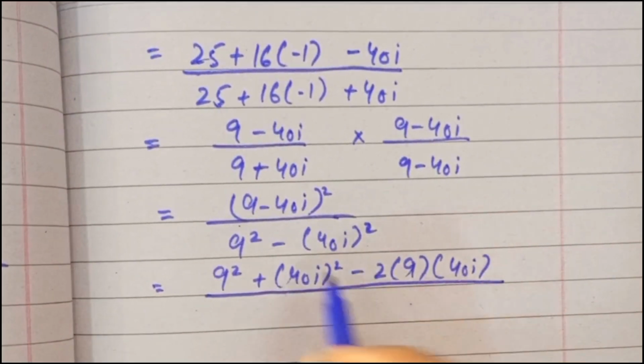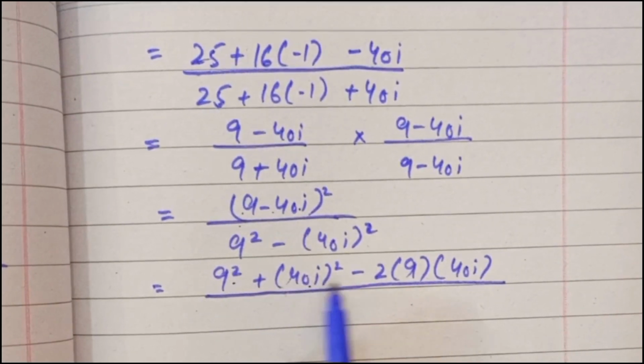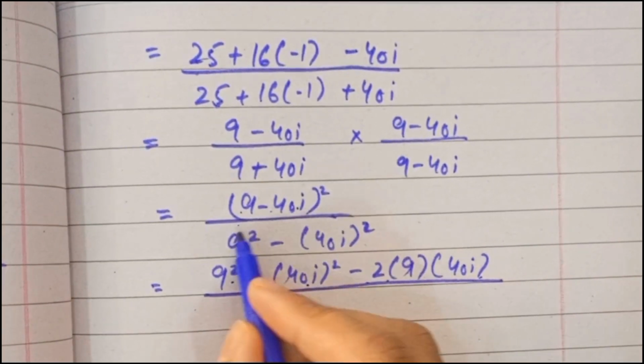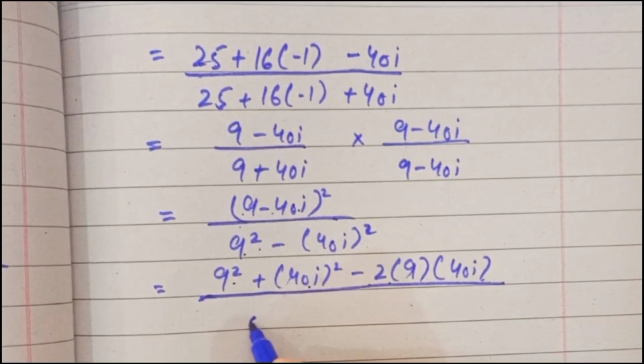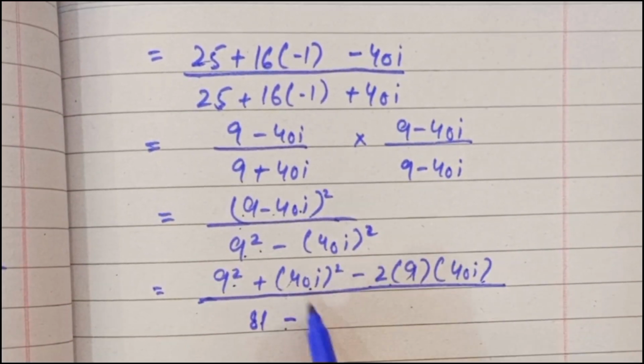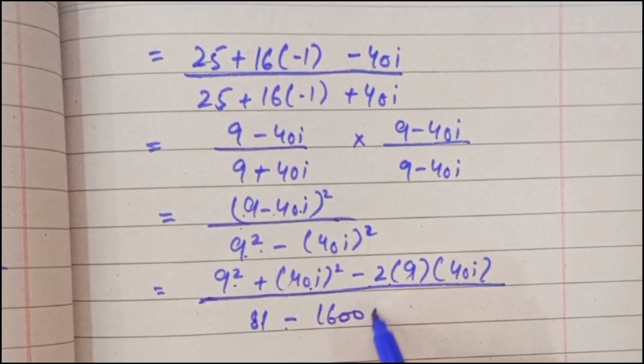In the numerator, we will open up the formula of a minus b whole square: a square plus b square minus 2ab. In the denominator, we will write 9 square, that is 81, and 40 square, that is 1600.